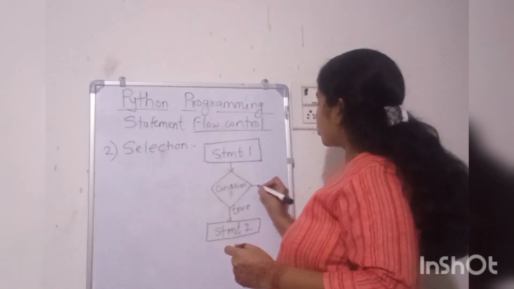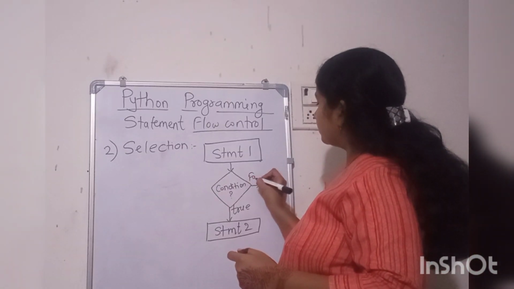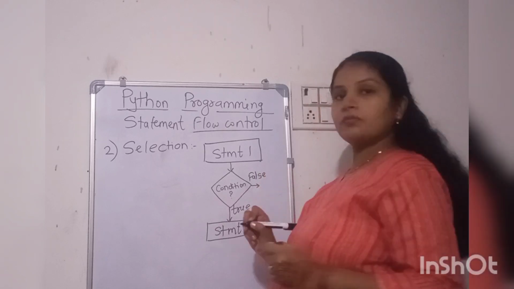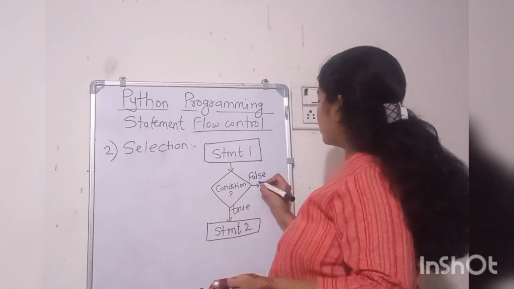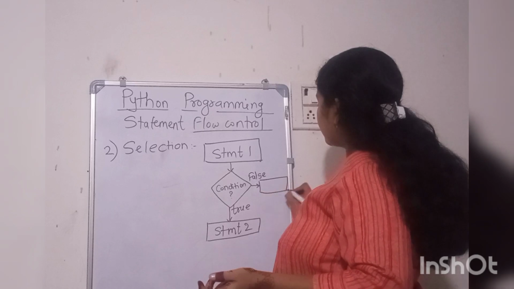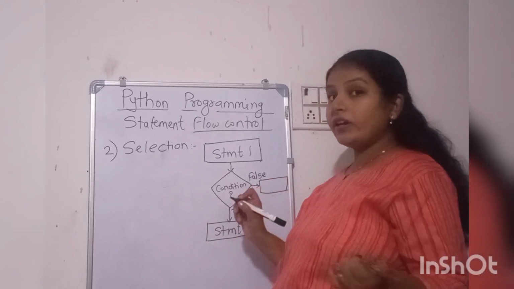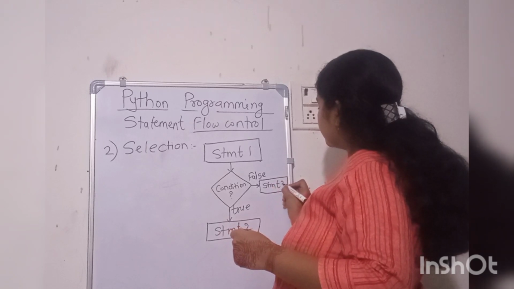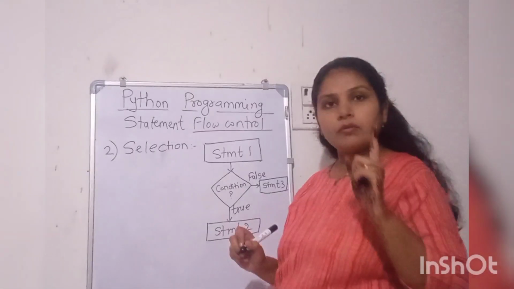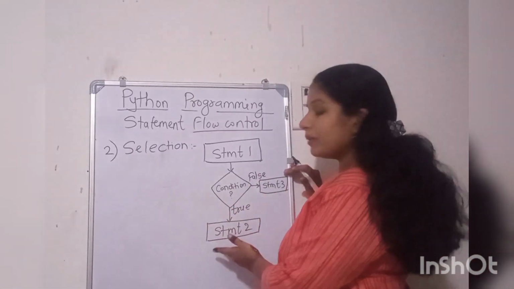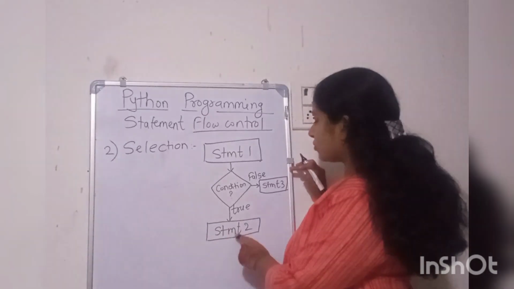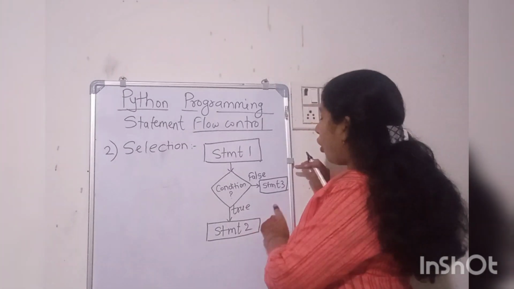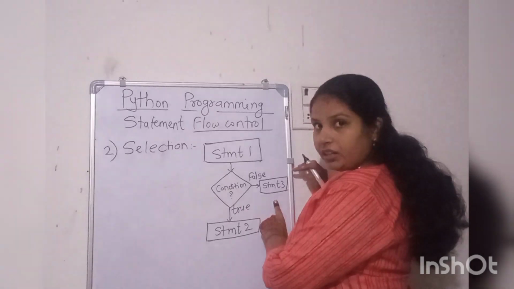Suppose this condition is false. Then you are going to execute statement number 3. So the bottom line is you are going to select between statement number 2 or statement number 3.